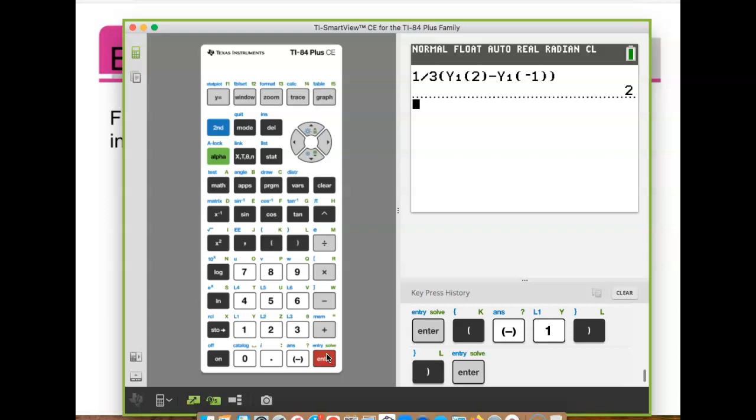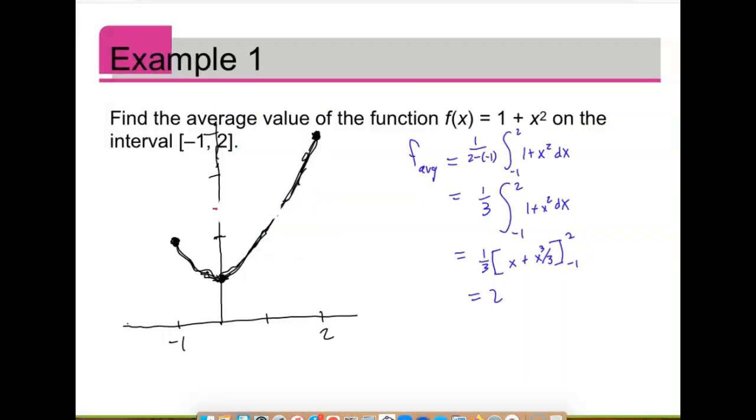And we get 2. So a little below where the conjecture was, but right idea. y equals 2 is the average value of the function on that interval.